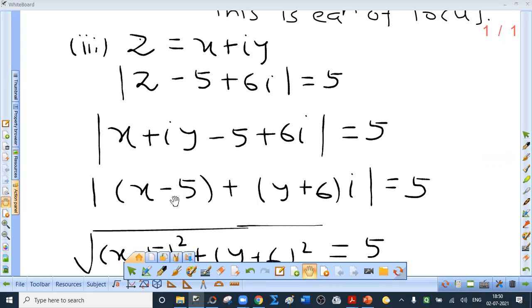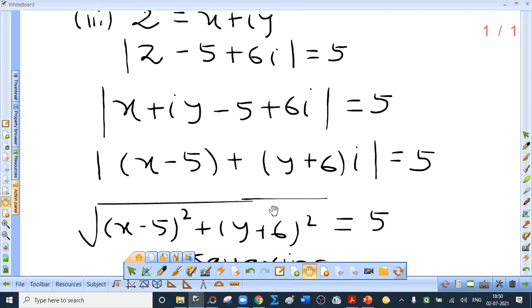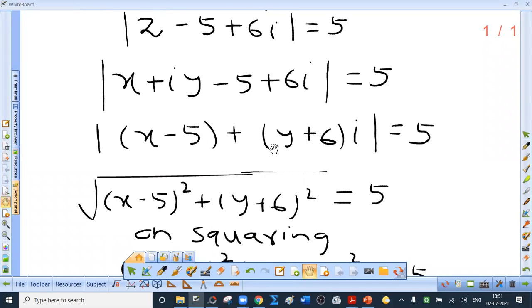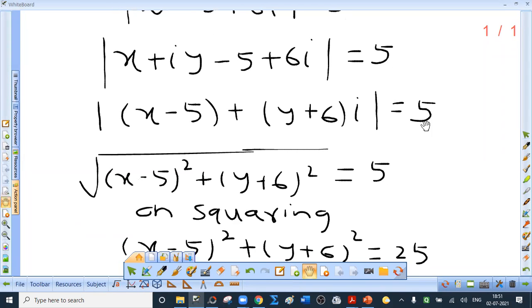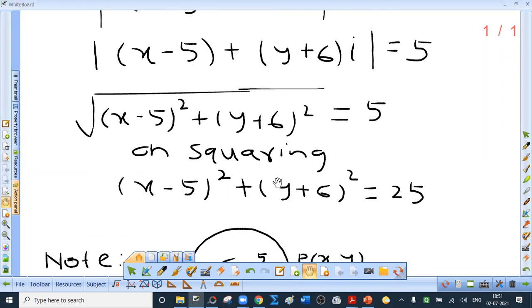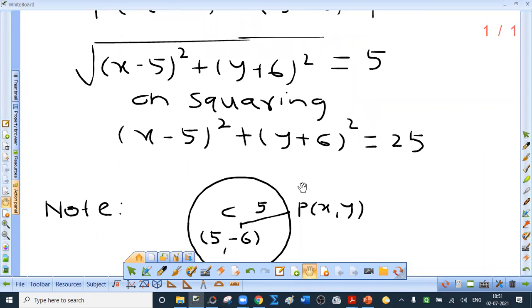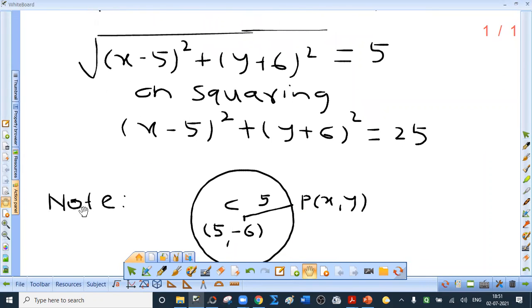Now the real part is x minus 5 and the imaginary part is what? Y plus 6. How to get that? Take i common. Now what is the modulus of this complex number? Root of (x minus 5) square plus (y plus 6) square equal to 5. On squaring you get this. Now, you are not supposed to write this in exam, but I think after explanation you will understand this.